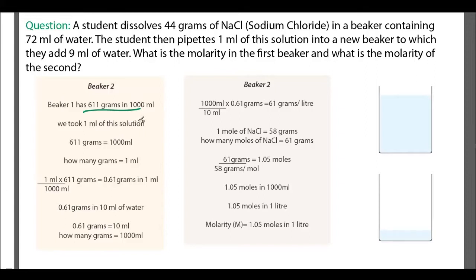So if we've got 611 grams equals 1000 milliliters, how many grams do we have in 1 milliliter? Now we can see it's going to be 1000 times less.